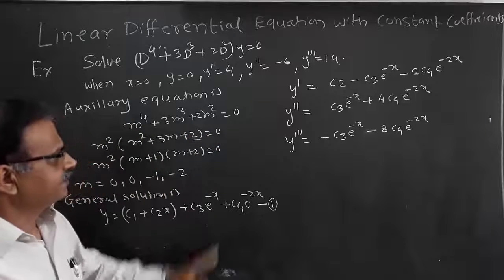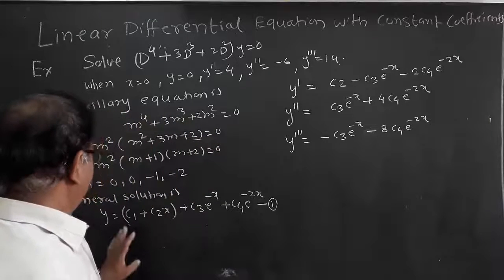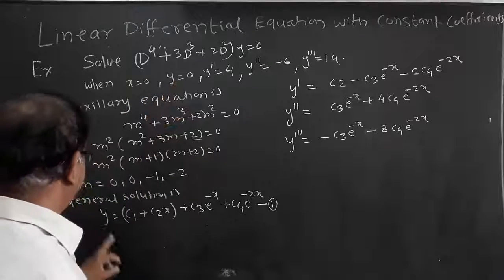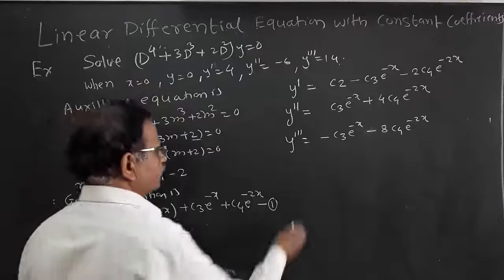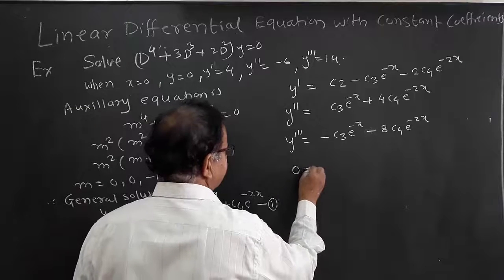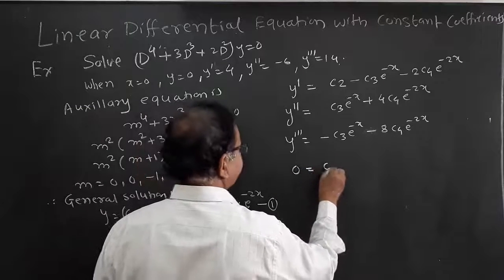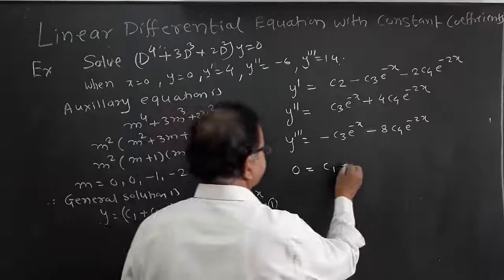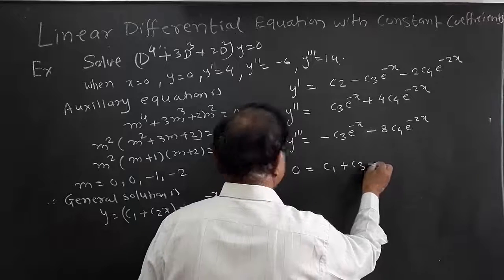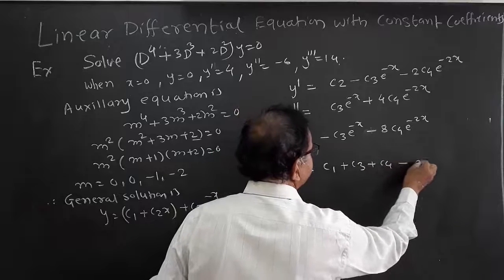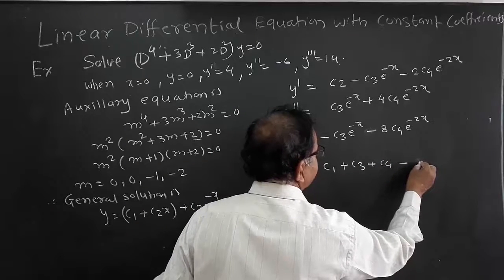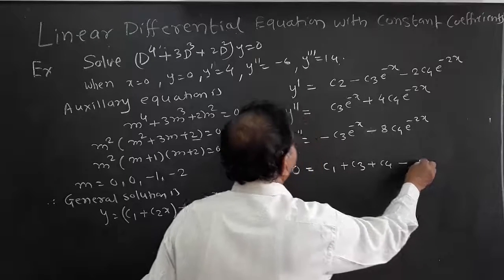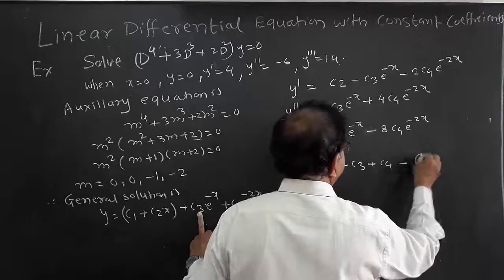Thus we have differentiated. Now we shall use the condition when x equal to 0, y equal to 0. Therefore, y equal to 0 in equation 1, x equal to 0, therefore c1, c2x becomes 0, plus c3 plus c4. This is equation second.